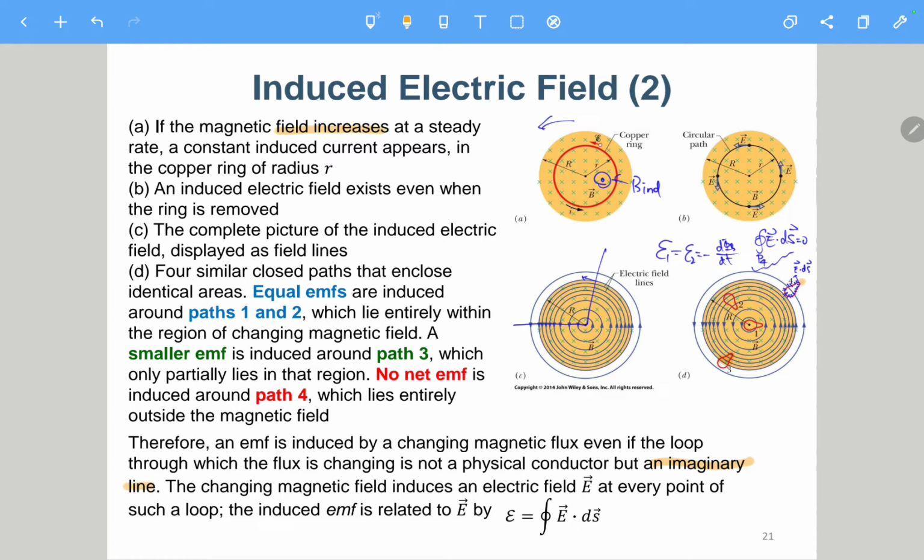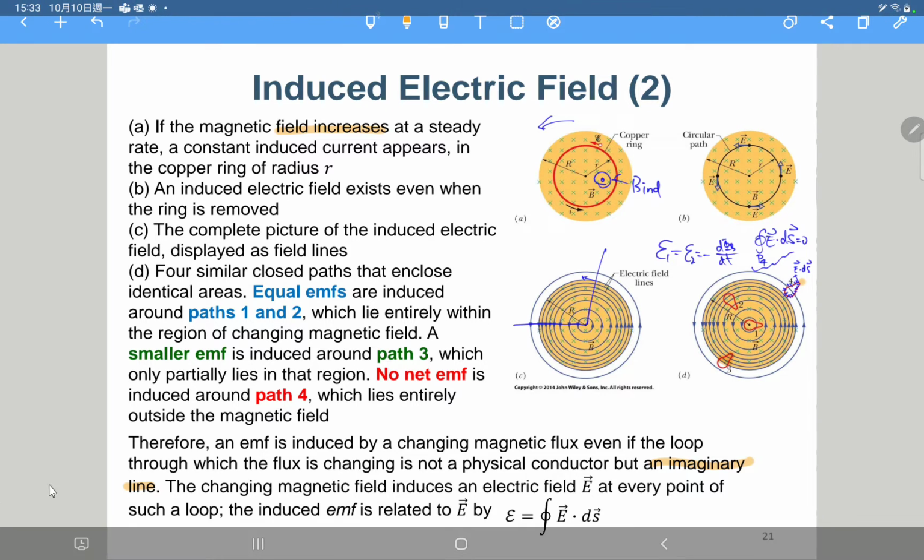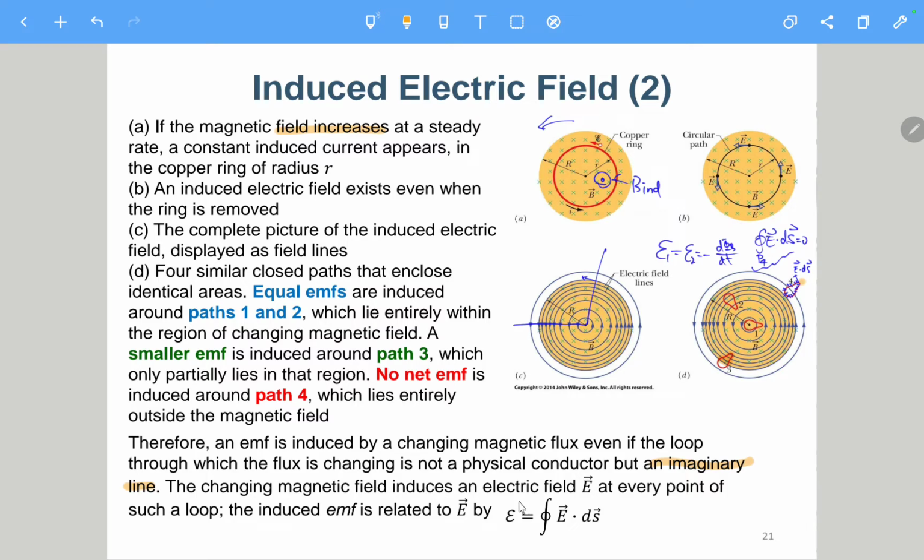We don't necessarily have a line to define the current loop. Even if there is actually nothing, we still have an induced E field. So the changing magnetic field induces an electric field at every point of such a loop. The induced EMF is related to E by this expression, which is just the definition of the EMF, a closed line integral.